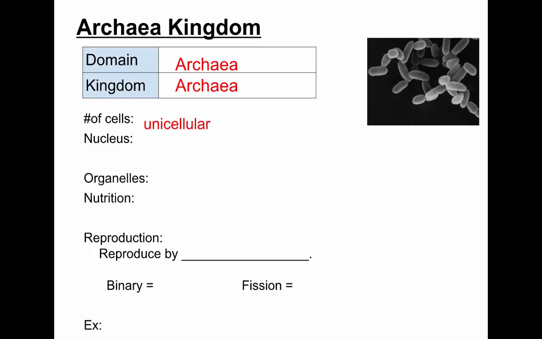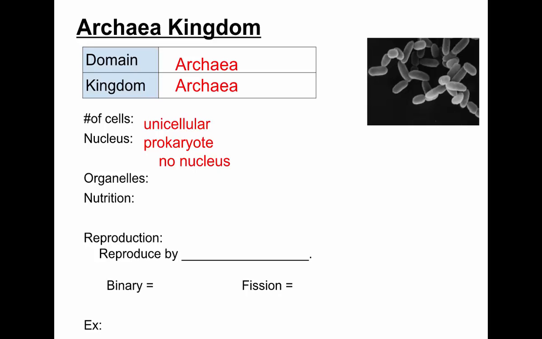What's the term we use for their nucleus? Prokaryote or eukaryote? I'm asking which one. Eukaryote? Which one? Confident? Alright. They're prokaryotes, which means they don't have a nucleus surrounded by a membrane. Their DNA is scattered throughout the cytoplasm.